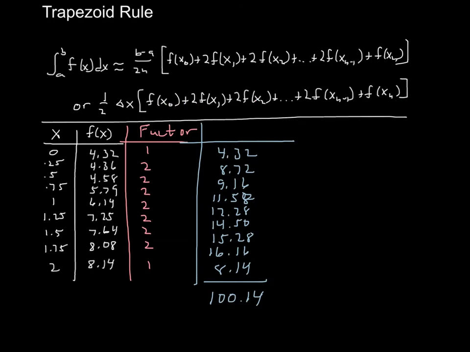So I can say now that the integral from 0 to 2 of f of x dx is going to equal 1/2 times 0.25 times the 100.14.